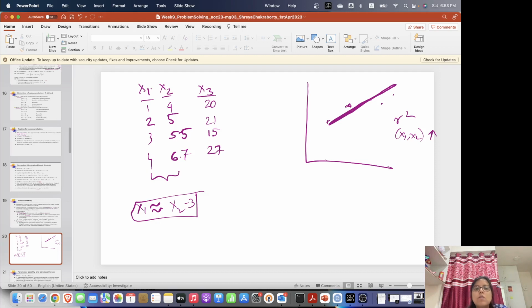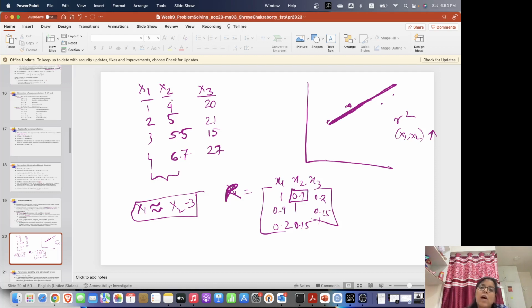Suppose the correlation matrix, the R matrix, for x1, x2, x3 has 1 on the diagonal, 0.9 between x1 and x2, maybe 0.2 and 0.15 for the others. If we find high values, we should be mindful that these two are highly pairwise correlated, so a problem of multicollinearity can creep in.